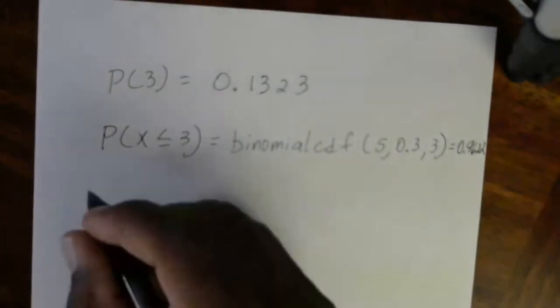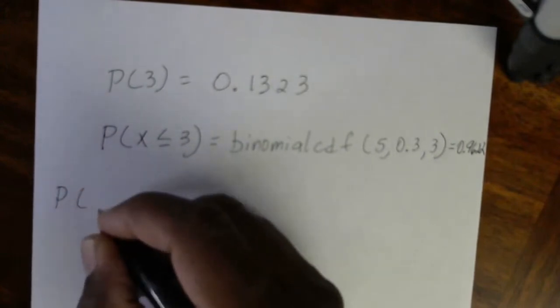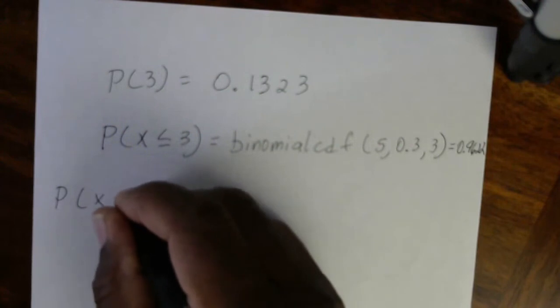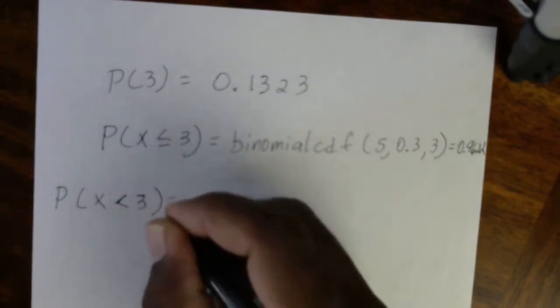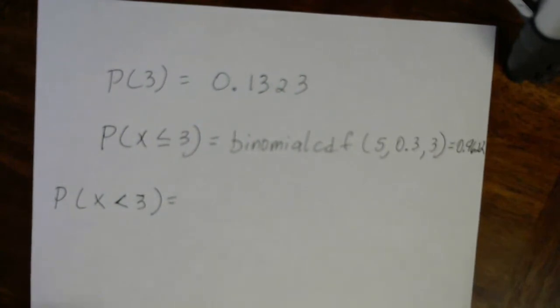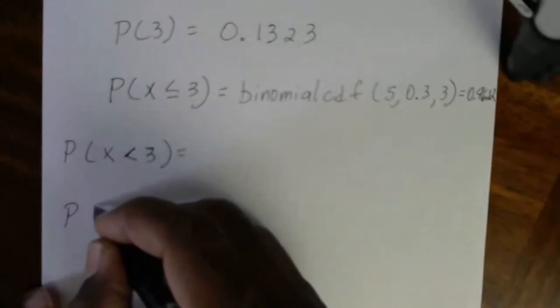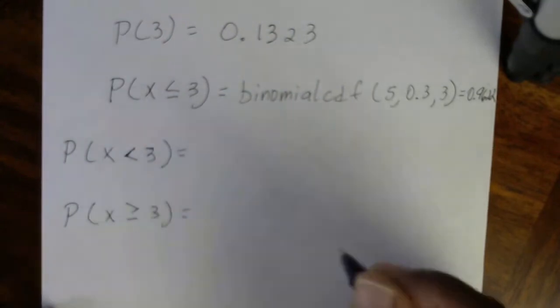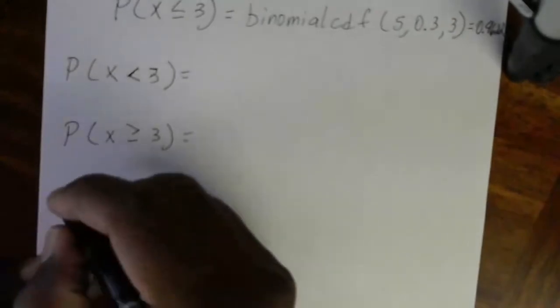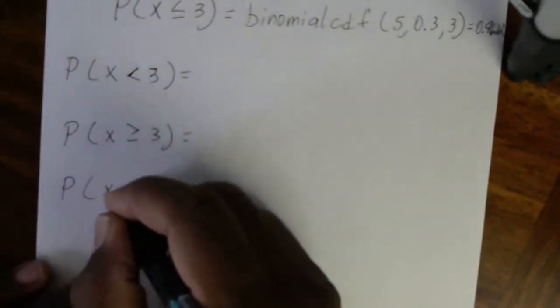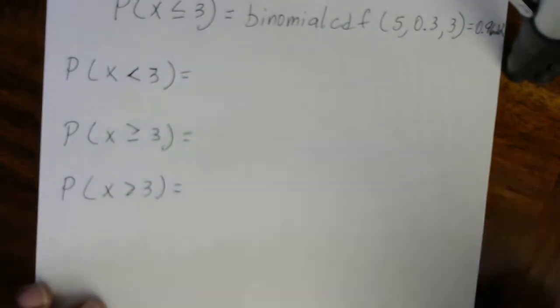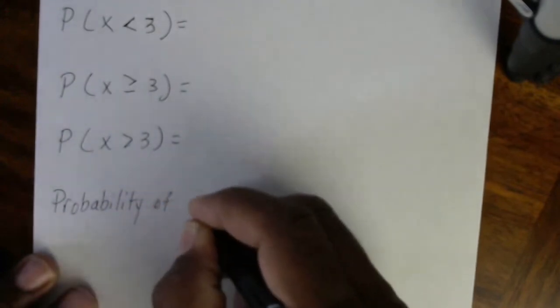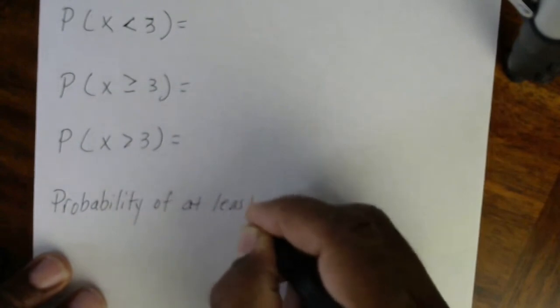Now we're going to find some other things. We want to find P of X is less than 3, P of X is greater than or equal to 3, P of X is greater than 3, and then the probability of at least 1.